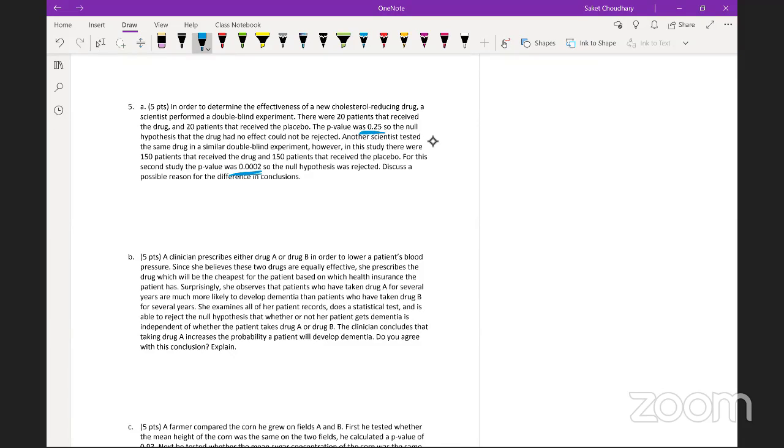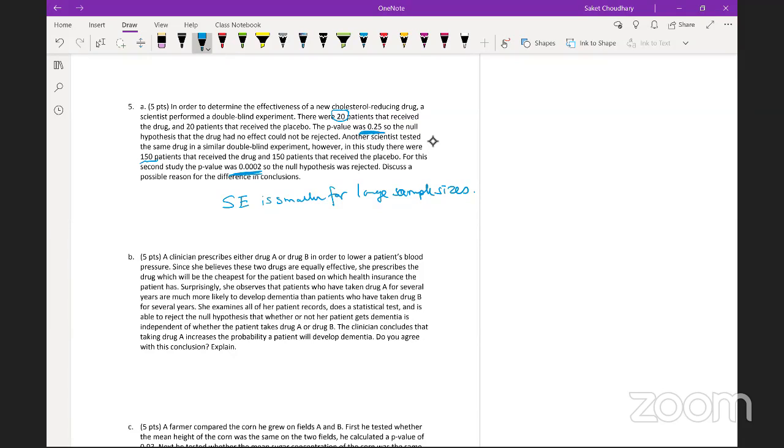So what really is going on, right? One of these tests is showing you significance, the other one is not. The one that's showing significance has 150 patients. The one that's not has only 20 patients, right? So the difference is coming because your standard error is smaller for large sample sizes. So there's nothing wrong with doing the first experiment. It's just that since the sample size is small, your p-value is not significant.